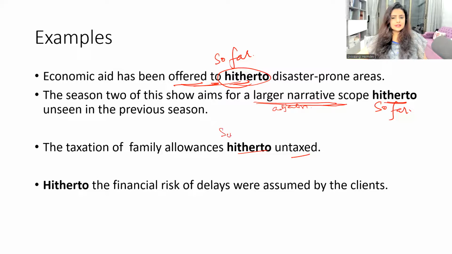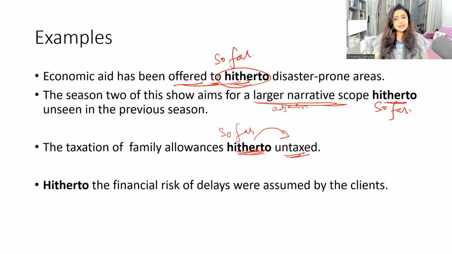In English, you can say the taxation of family allowances so far untaxed. Again, "untaxed" here is an adjective, and "hitherto" is describing the adjective "untaxed", so it's placed near it. Instead of "so far", just add "hitherto" to level up.